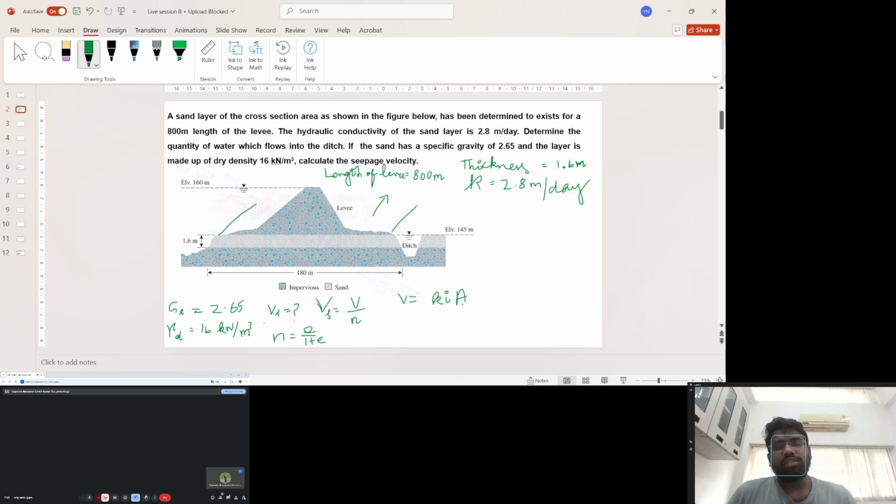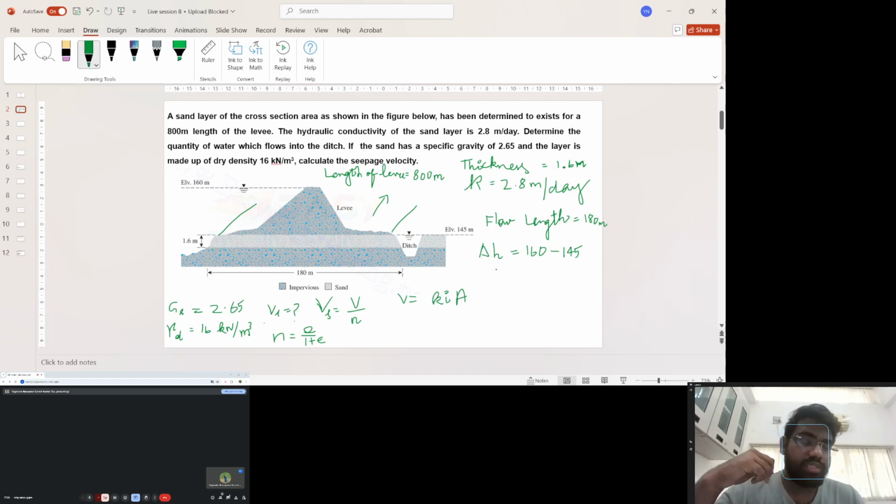Now we need to calculate the cross-sectional area through which the flow is occurring and the hydraulic gradient across the flow path. So the flow length is 180 meters, and the head loss delta H is 160 minus 145 meters, because head loss is nothing but the head difference between the upstream and downstream ends.